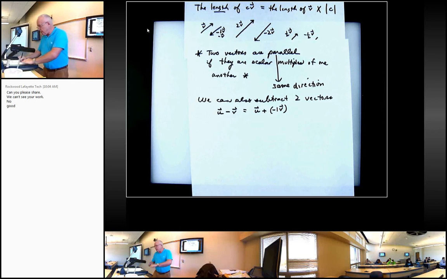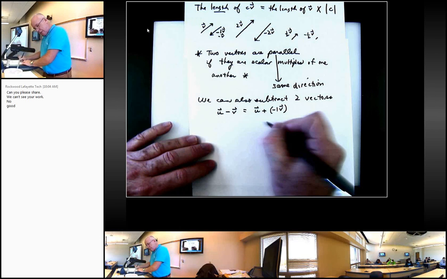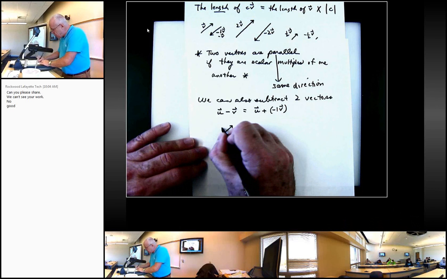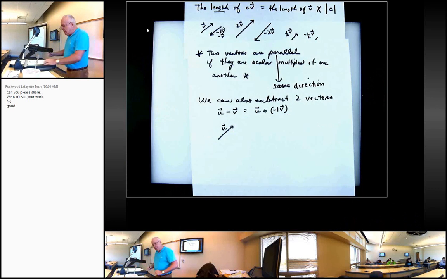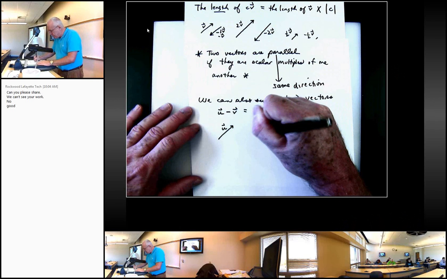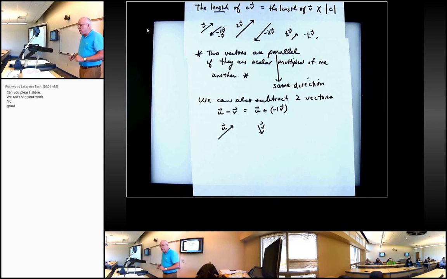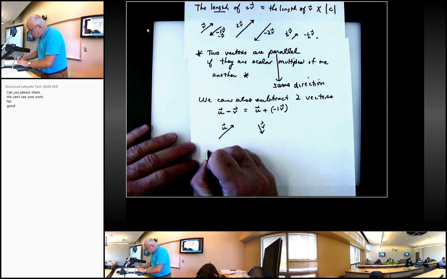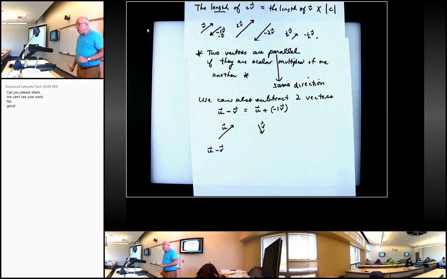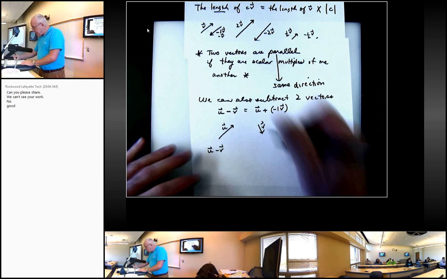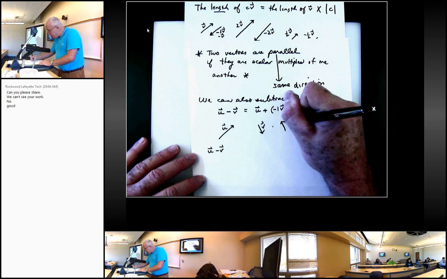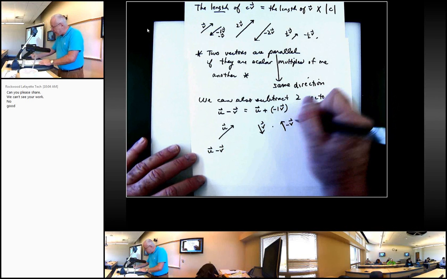So again, this is all geometric. We're getting to algebra in just a minute. Say we have u like this, and say we have v like this, and say we want to represent u minus v. Well, if v is like this, then in the opposite direction is going to be minus v.